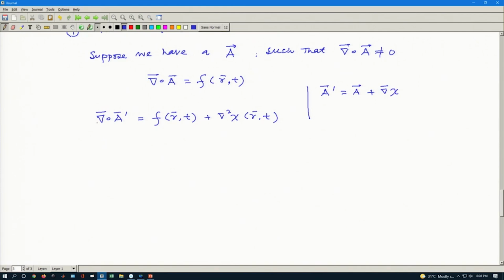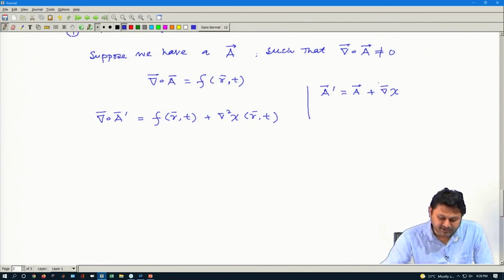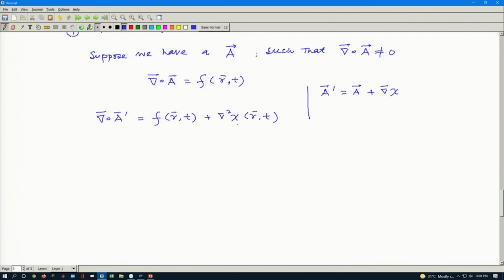Now, I put a divergence over this A prime. When you put the divergence over this A prime, then the divergence of A is already given, so I put this A, and the divergence of the gradient of chi is simply the Laplacian, grad square chi.